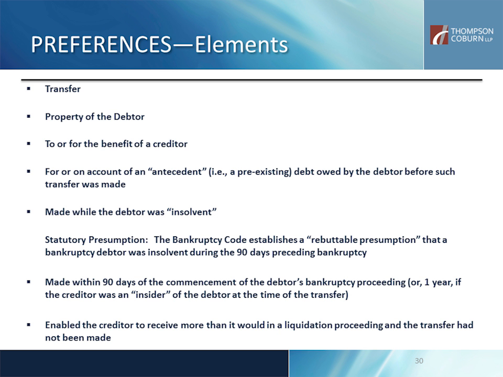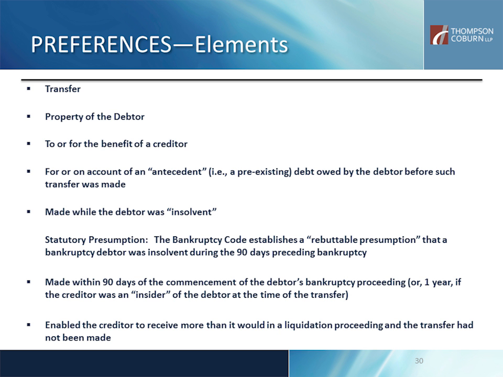The last element is that the transfer has to enable the creditor to receive more than it would have otherwise in a liquidation proceeding, and the transfer had not been made. That is, the creditor didn't receive the transfer and there's a liquidation. In pretty much all circumstances, this means that if it's not a 100% case, meaning the creditors aren't getting paid 100 cents on the dollar, then this element's going to be met.